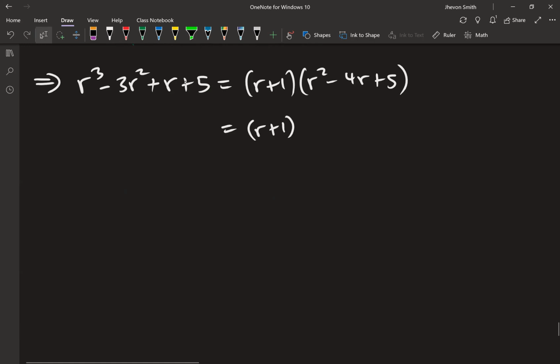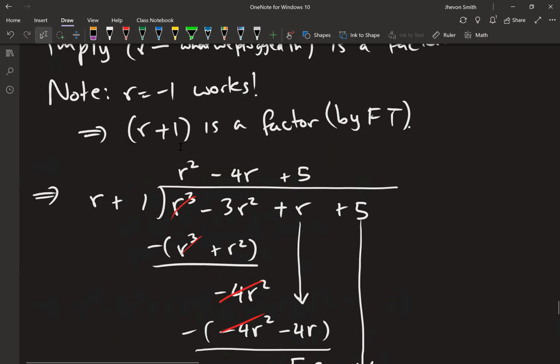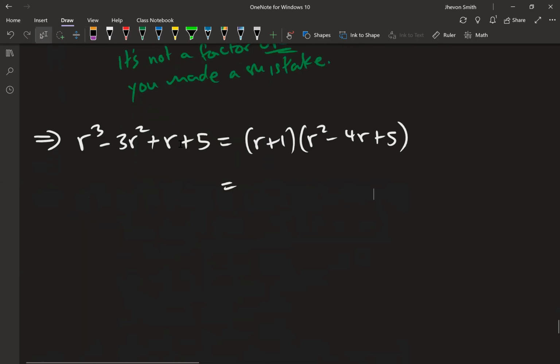It looks like r minus 5, r minus 1. Wait, that doesn't factor, because I have to get a positive 5. Yes, I should get a positive 5, which means that doesn't really factor.